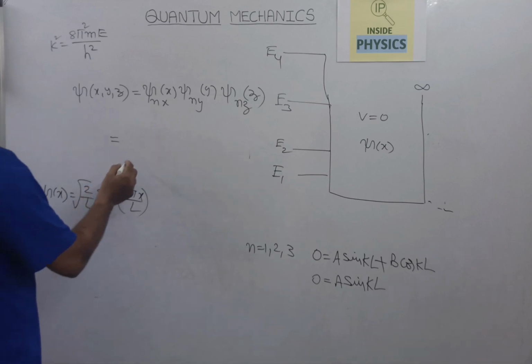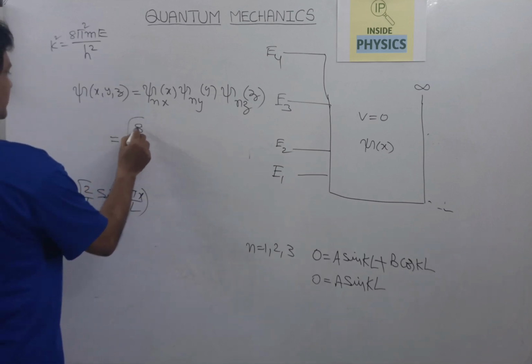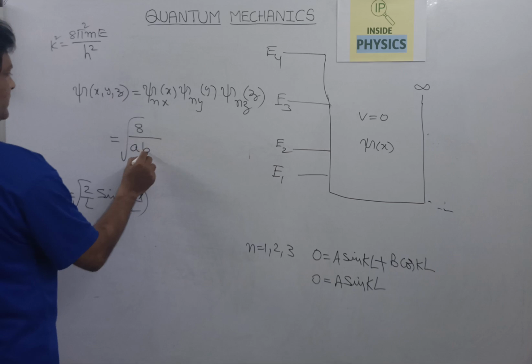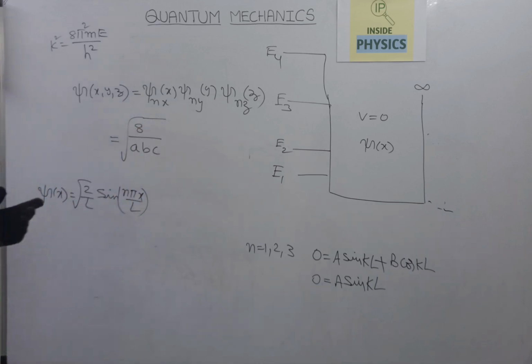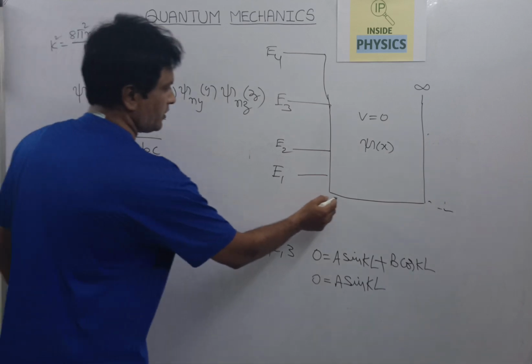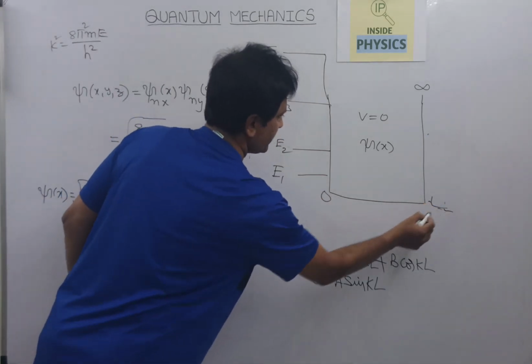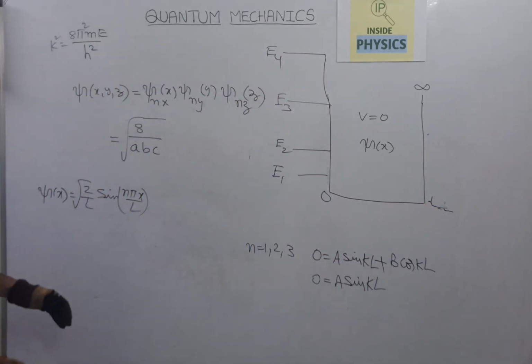In this way we can write root of 8 by abc, where a, b, c are the boundaries of three-dimensional space. Here 0 and L are the boundary conditions, but in three-dimensional space a, b, c are the boundary conditions.